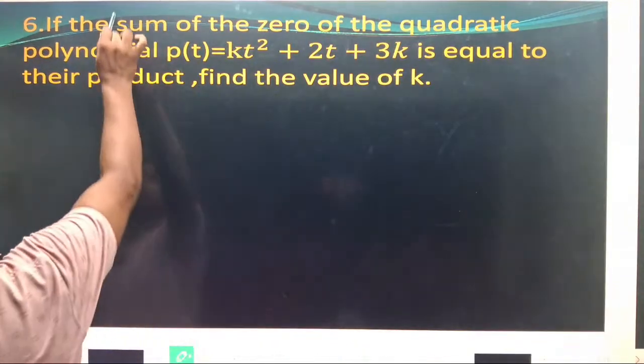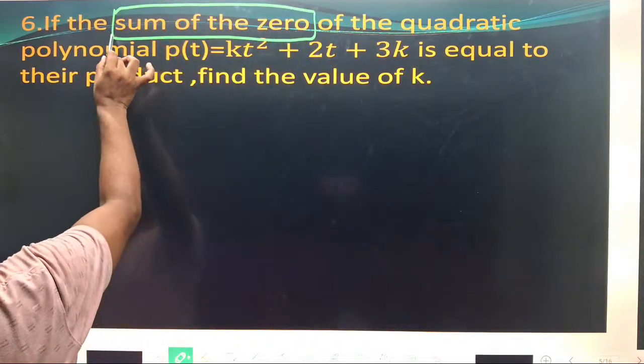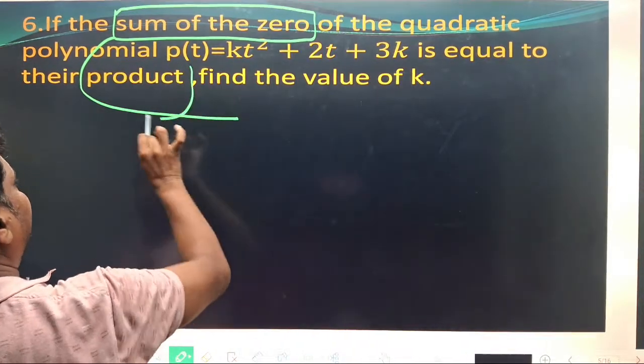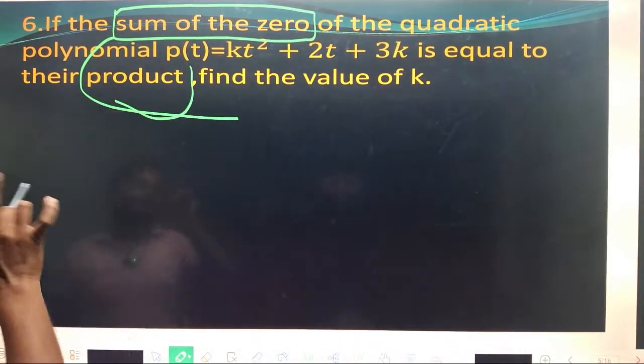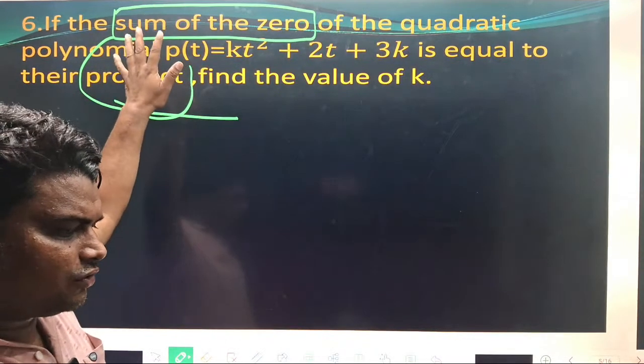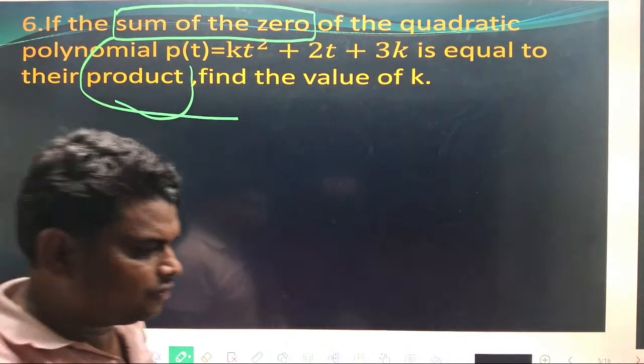What is the relation? Sum of zeros equal to the product of zeros. According to this question, alpha plus beta is equal to alpha into beta.